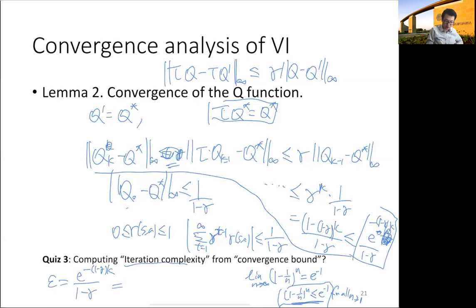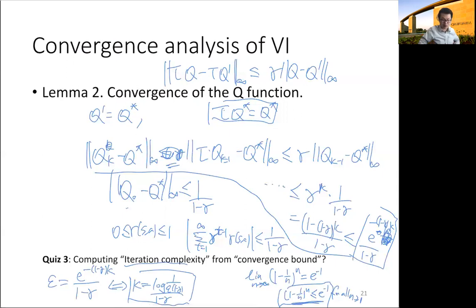This is the same as setting k to be log of 1 over epsilon(1 - γ), divided by 1 minus gamma, right? So that will be the iteration complexity for getting Qk to be close to Q star in L infinity norm.